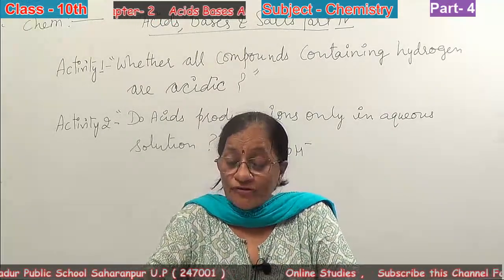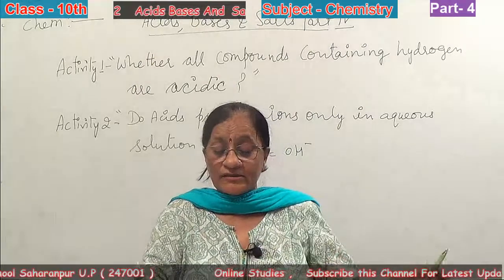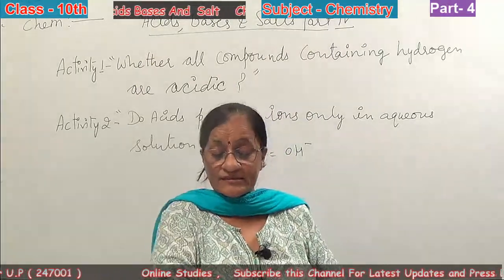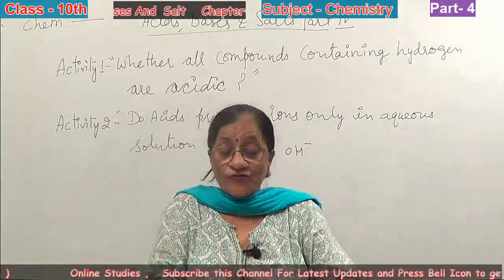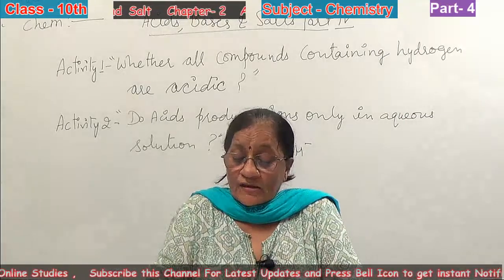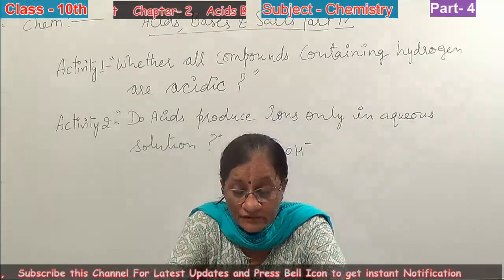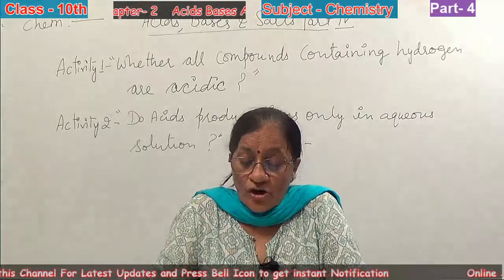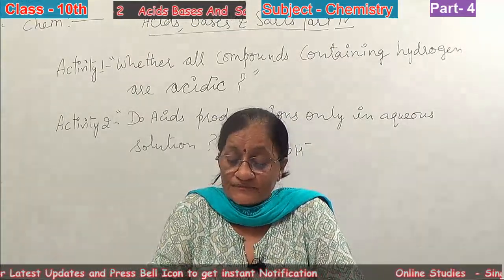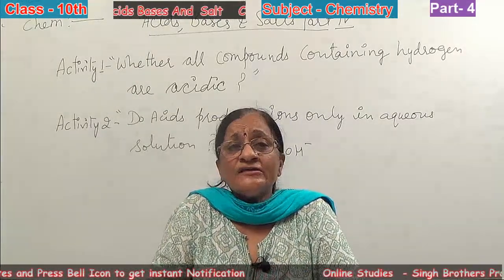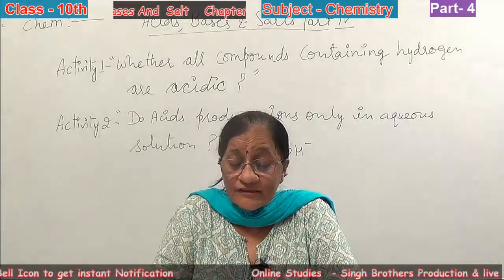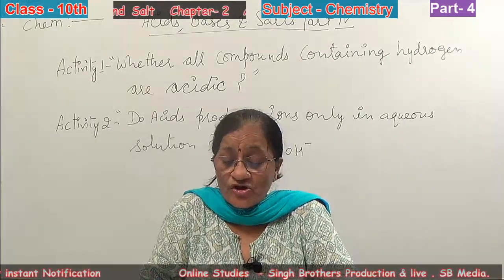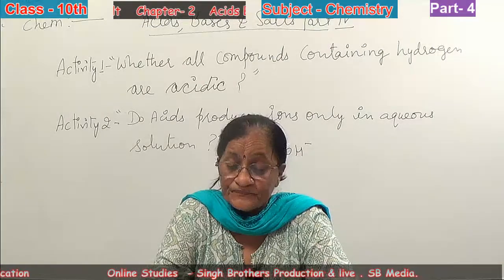Now, how can we find out how strong an acid or base is? To find this out, we can make use of universal indicator. What is a universal indicator? It is a mixture of several indicators.